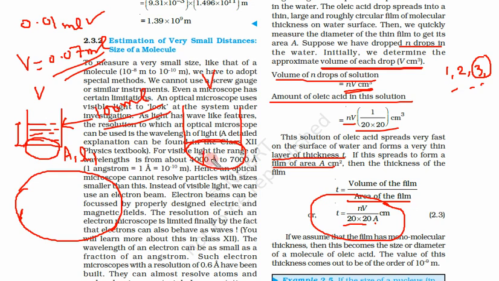Volume here is A2 into L2. So this is the new volume, but both volumes must be constant. So A1 L1 is equal to A2 L2.